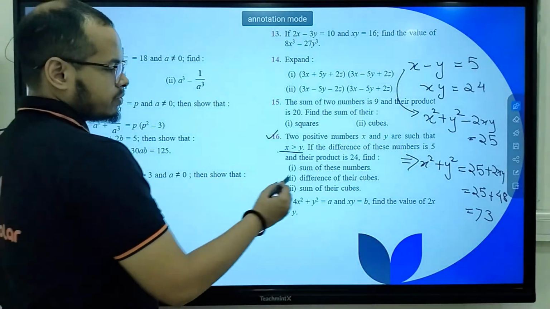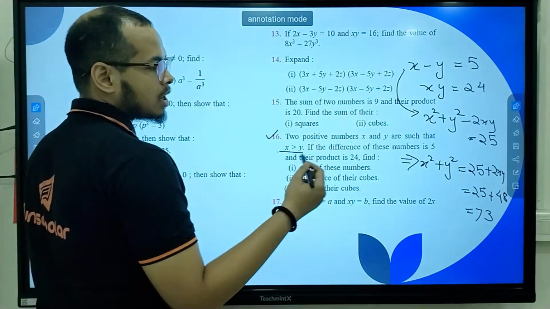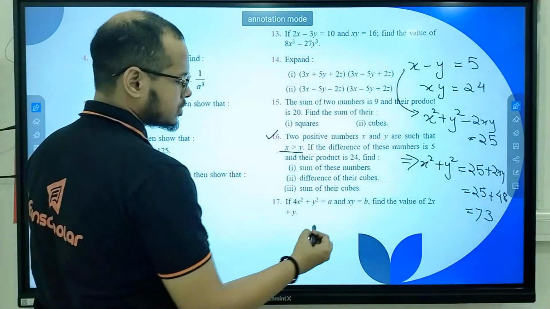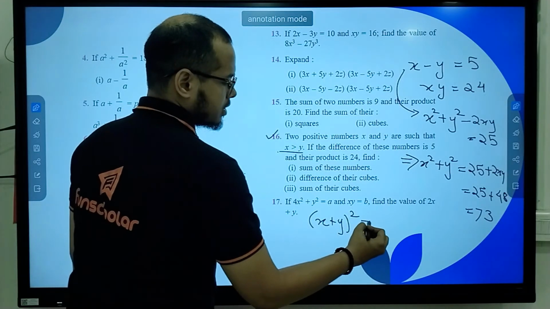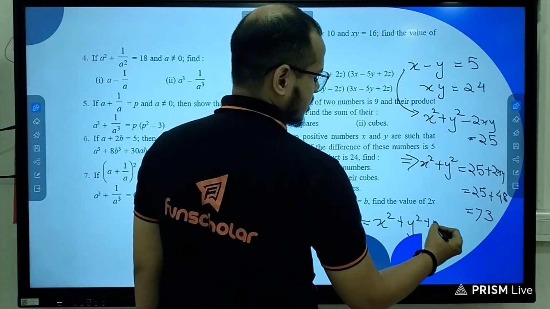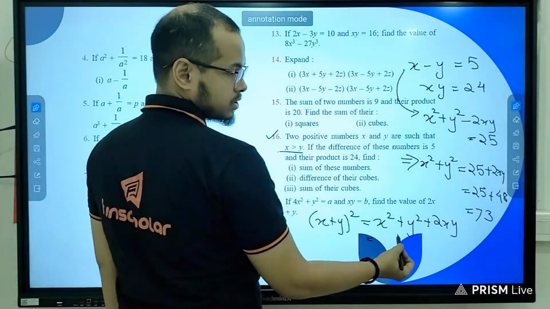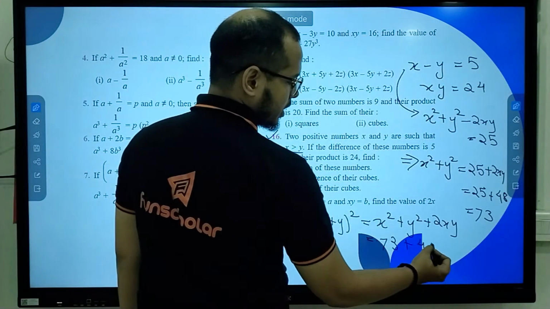Okay. But we need to find the sum of these numbers. The question does not state the sum of the squares of the numbers, right? So second portion, (x + y)² is equal to x² + y² + 2xy. We already know the value of x² + y², that is 73. 2xy is 48.